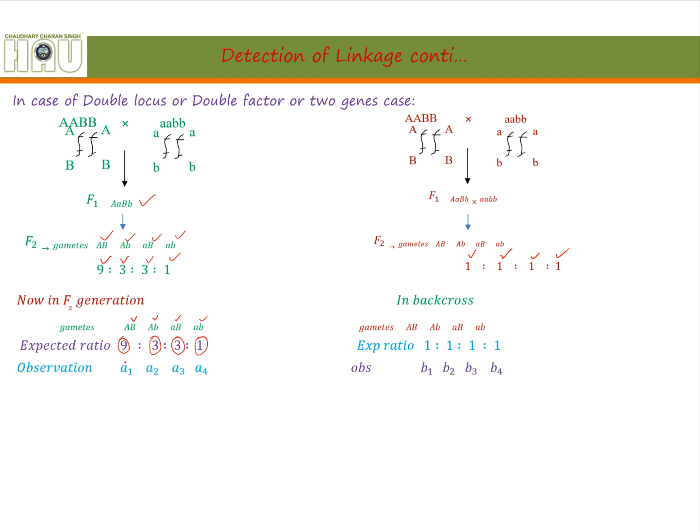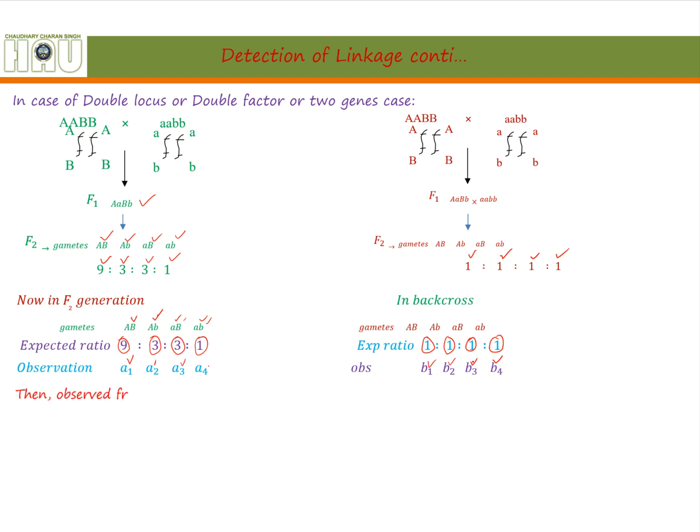And suppose A1 is the observed number for this class, A2 is the observed number for this class, A3 for this class, A4 for this class. Similarly, in case of back cross, our expected ratio is 1 is to 1 is to 1 is to 1, and suppose B1, B2, B3, B4 are the observed numbers of these classes respectively.